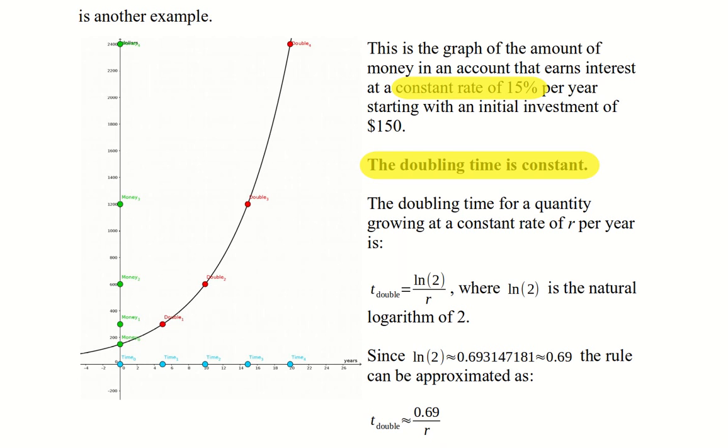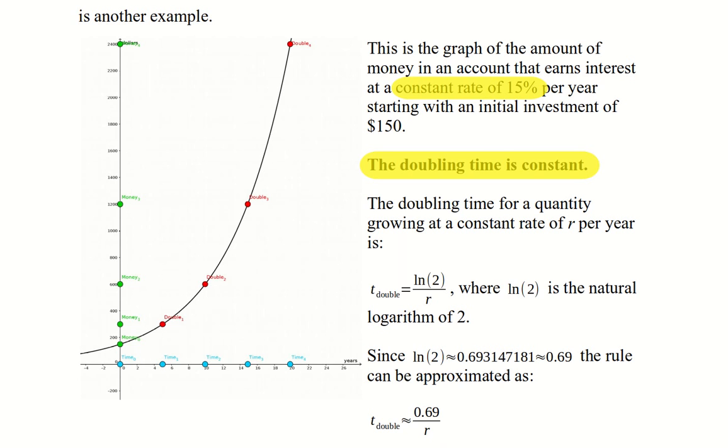Now, the numerator there is the natural log of 2, and that's a function. That's a new function to us. The natural logarithm is on your calculator. So this is the natural logarithm of 2. That's because we're doubling. If we took the natural log of 3, that would tell us the amount of time that it took for the amount to triple.